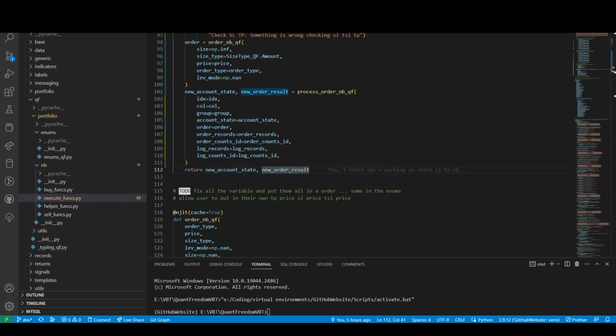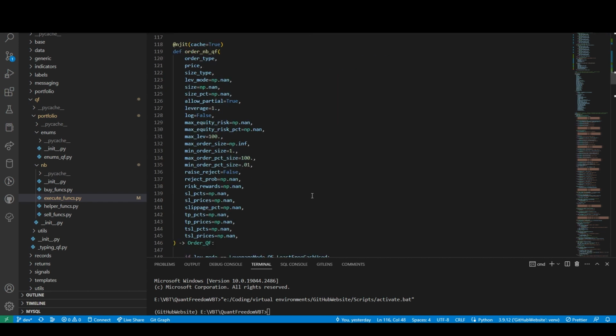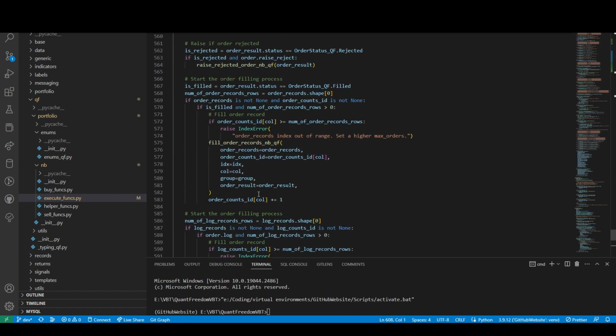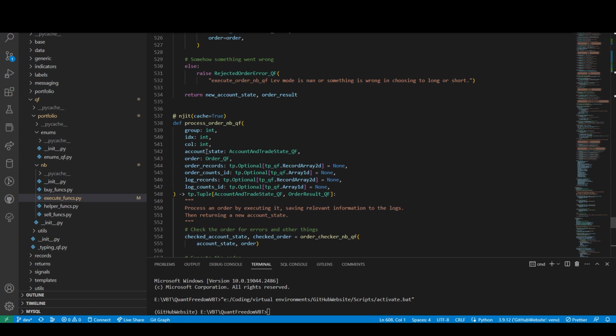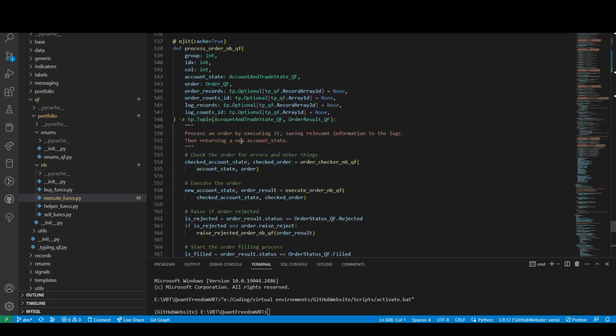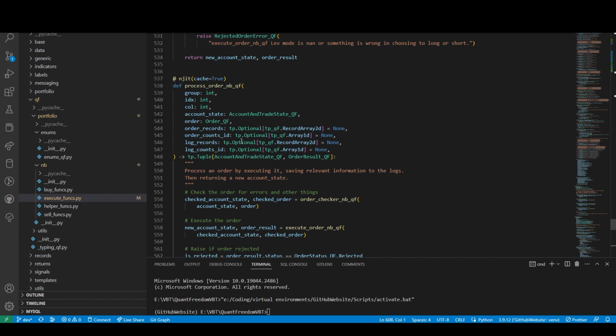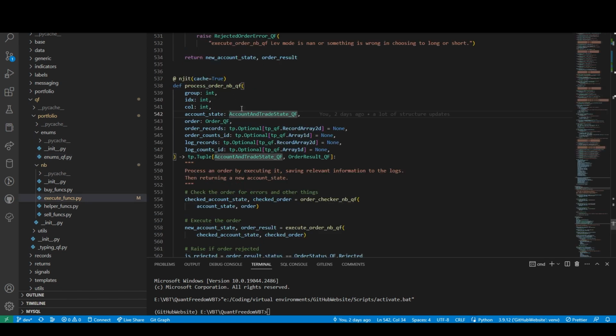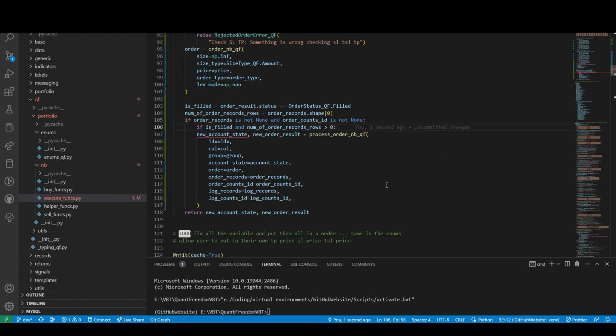I feel like I have no choice but to do... Well, even with the process order NB, I have to have log. If order.log... oh, we don't send back the log thing here. This is becoming an absolute mess. Yeah, this is getting real messy.